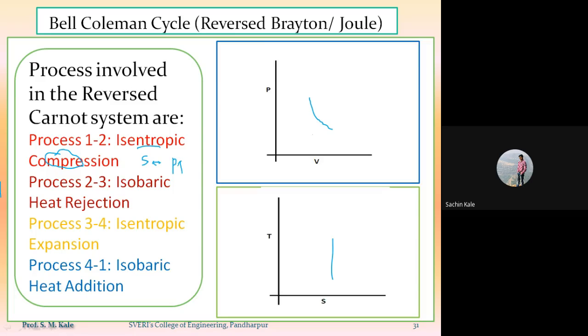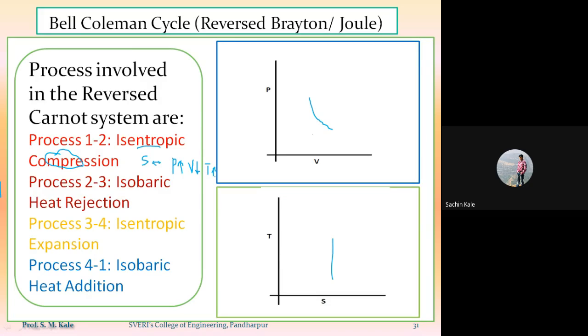What about volume? The volume of the system goes on decreasing. And temperature of the system goes on increasing. That means while drawing this isentropic compression process, we keep entropy constant, pressure should go on increasing, volume should go on decreasing, and temperature should go on increasing.